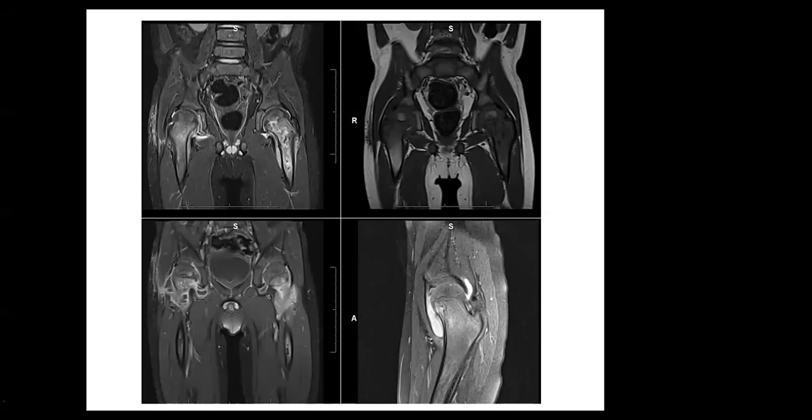There is no obvious periosteal reaction, no obvious soft tissue edema or infection, and there is a narrow zone of transition. So we're dealing with either septic arthritis or osteomyelitis, or even eosinophilic granuloma can be put in the differential.